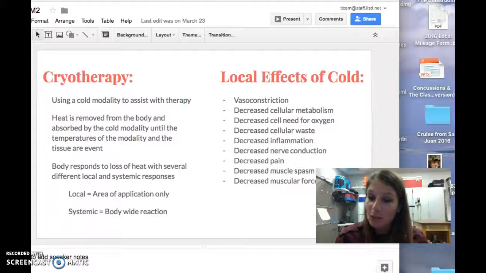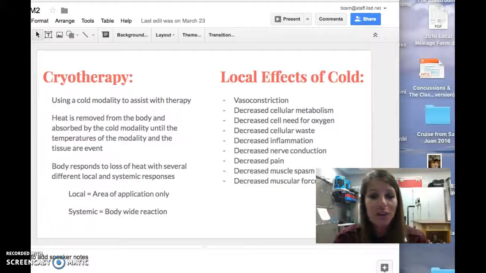And it might be a little more time consuming and you might not always have the tools that you need, but it is something to consider when you're doing your rehab. So with your heat being absorbed from the body with using the cold modality, you start to have all those great cold benefits that we're getting ready to learn, and you're able to incorporate some of your exercises while you are doing your cold treatment, okay?